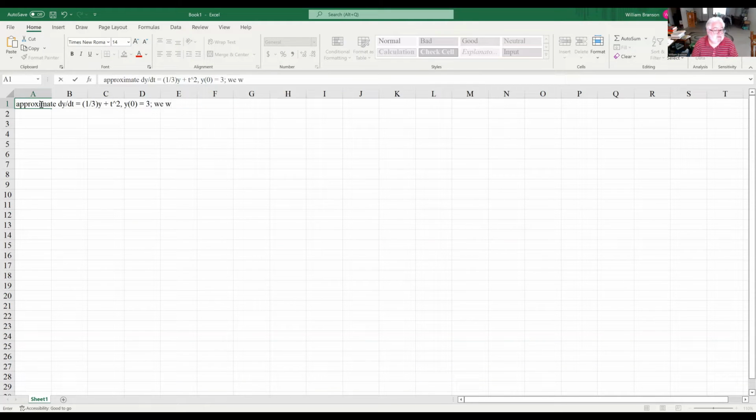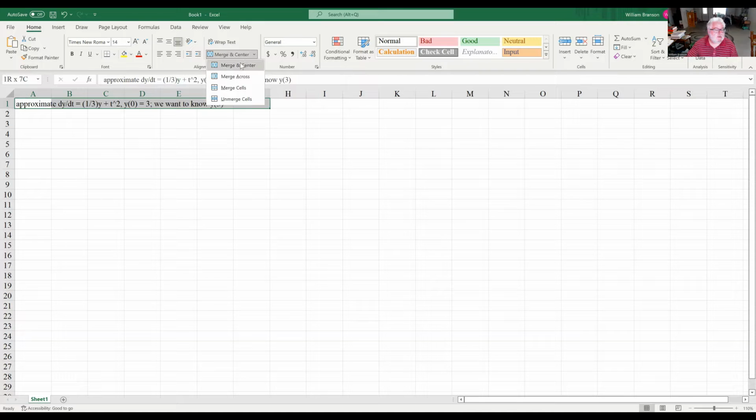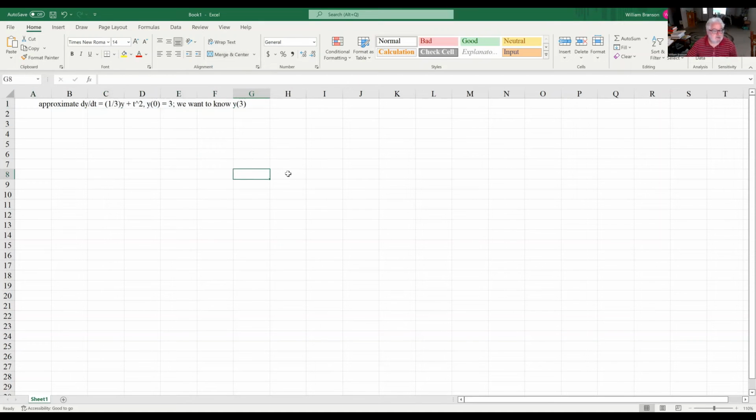We want to know, when t equals 3, what's the y value that you actually have. So that's what we want to do. And so that we can actually see that, we will do merge and center as just sort of a title thing there.